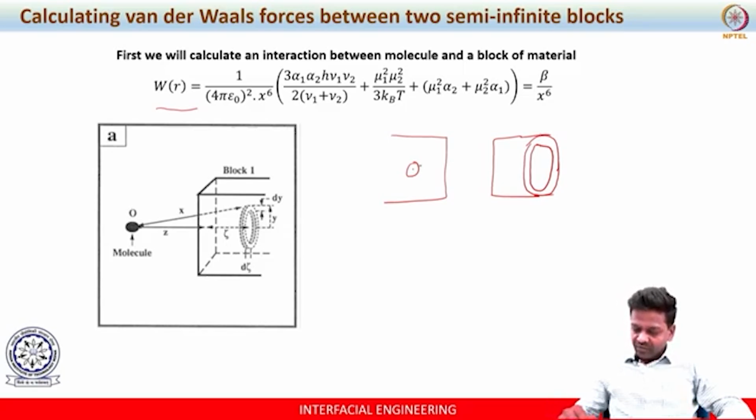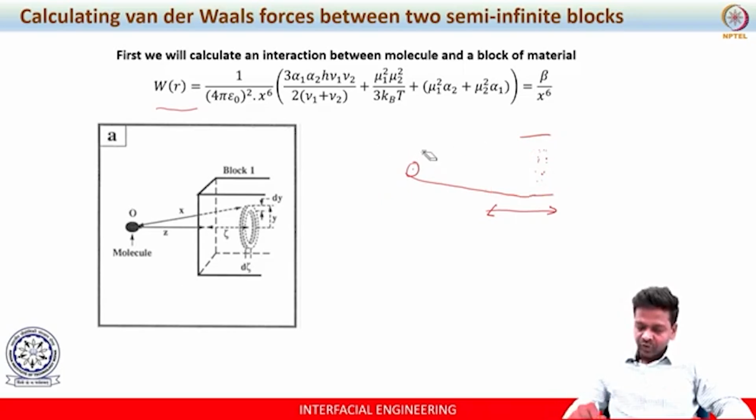The projection view of that will let you perform the pairwise interaction between this one molecule and the several molecules present within this ring. Once we know that, by performing integration from the lower limit to the upper limit, you will be able to compute the pairwise interaction of the entire block. That is the idea, and that is also shown in this schematic. So we will do that.